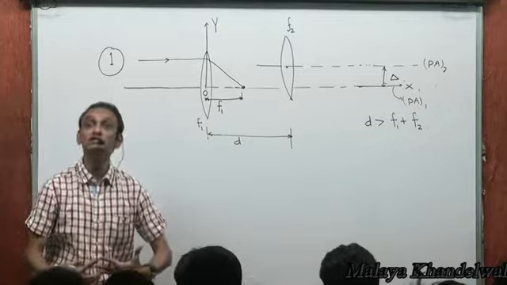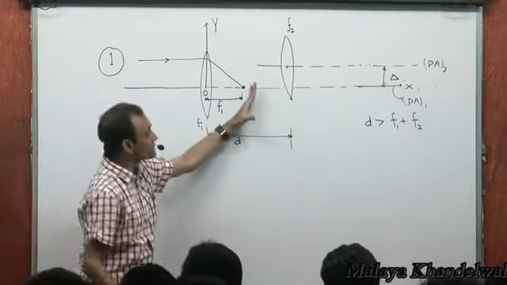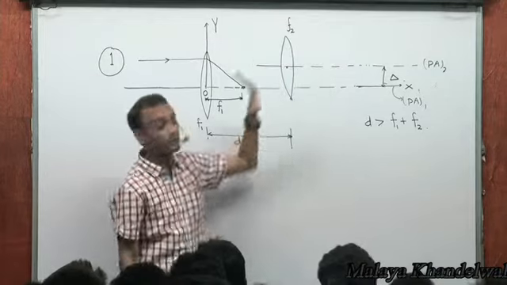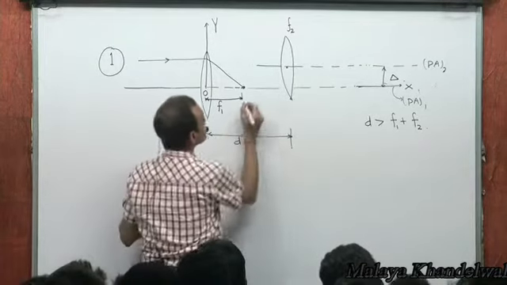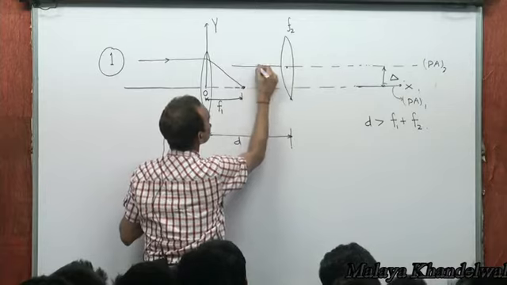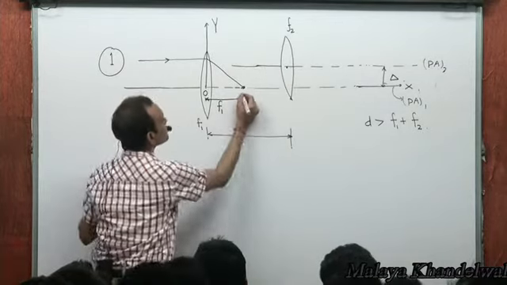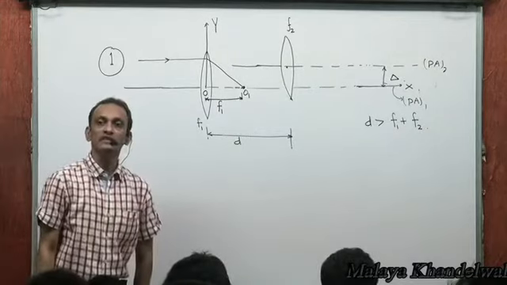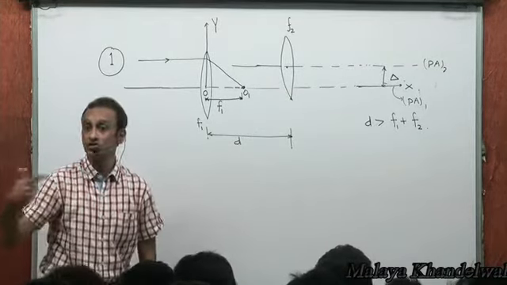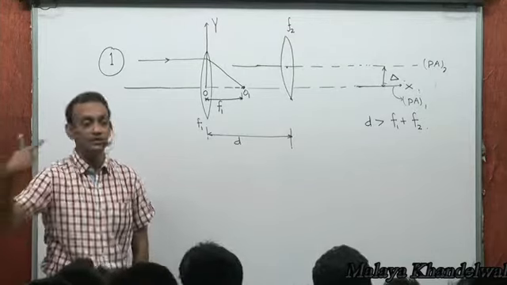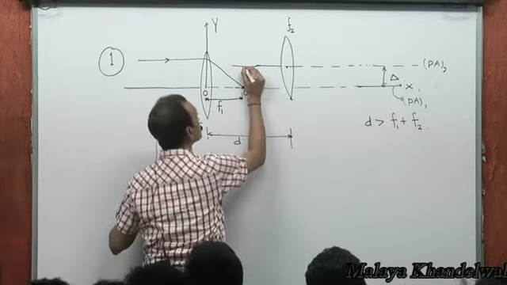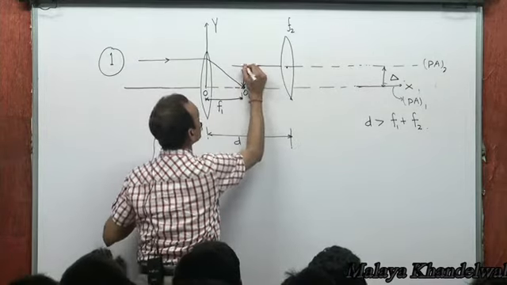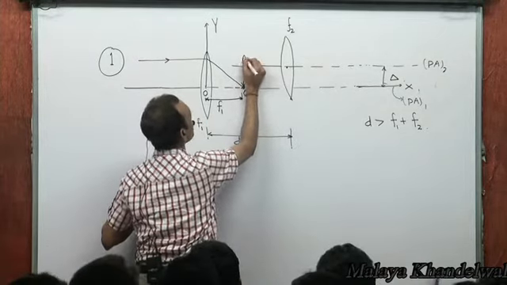This then would serve as an object for a second refraction by this, right? Now, what you could do is this O1, serving as an object for second refraction, could be looked upon as an extended object, say AO1.